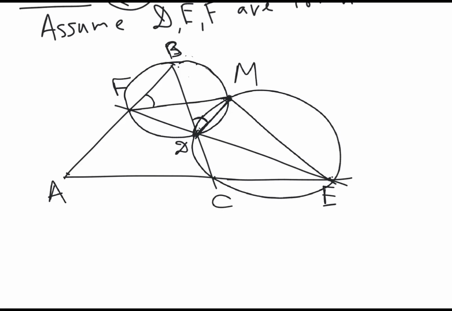They subtend the same arc BM in this circle. And because of the second circle, the quadrilateral DMEC is inscribed, we have the external angle BDM. This angle is an external angle in this quadrilateral, and it's equal to the opposite internal angle. So these two angles are equal. So BDM is equal to MEC, right?